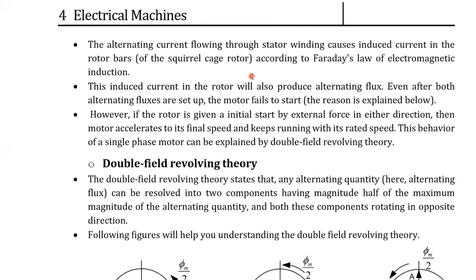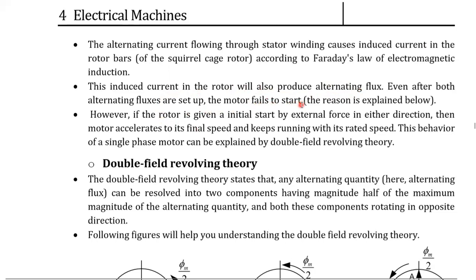Correct? So the induced current in the rotor will also produce an alternating flux, because of the EMF induced in the rotor according to Faraday's law. Even after both alternating fluxes are set up, the motor fails to start.